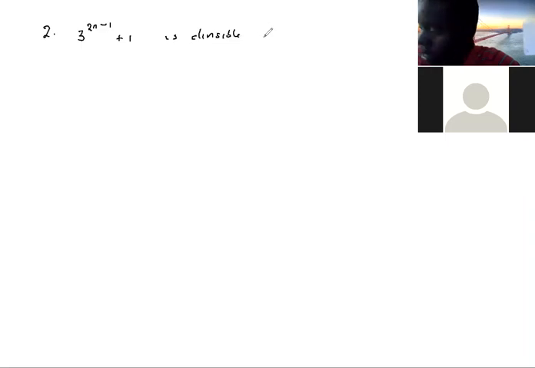So we have: 3^(2n minus 1) plus 1 is divisible by 4. So again, we start with the smallest n.